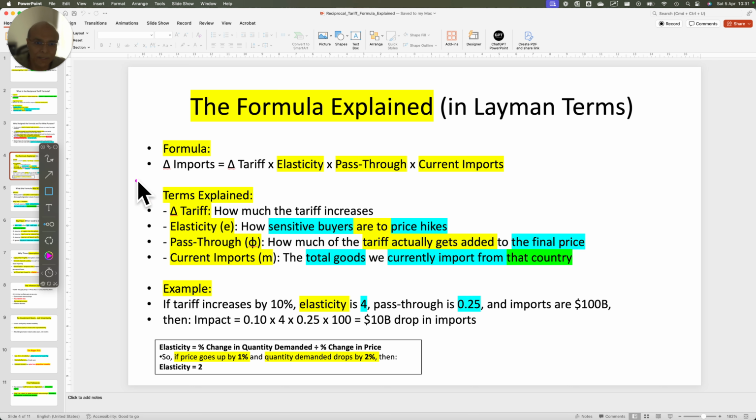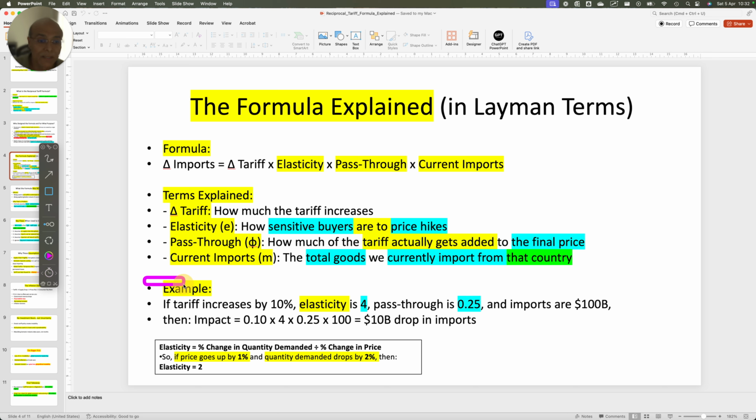As I explained, delta tariff means how much the tariff is increased. Elasticity E is how sensitive the buyers are to a tariff hike, which is the percentage change in demand divided by the percentage increase in price. Pass-through is how much tariff gets added to the final price, and current imports are the total goods we currently import from that country.